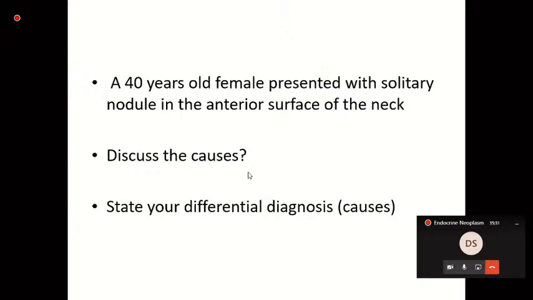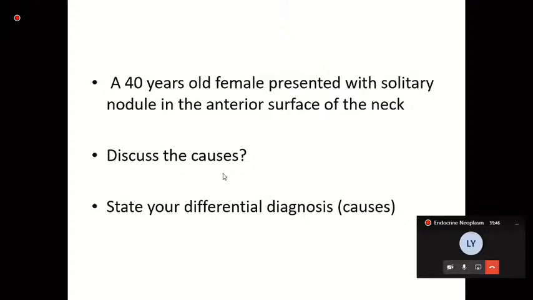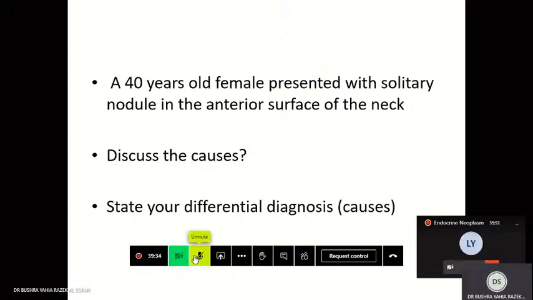We said adenoma maybe of the thyroid. What else? Could be carcinoma. What else? Viral infection? What do you mean by thyroid infection?